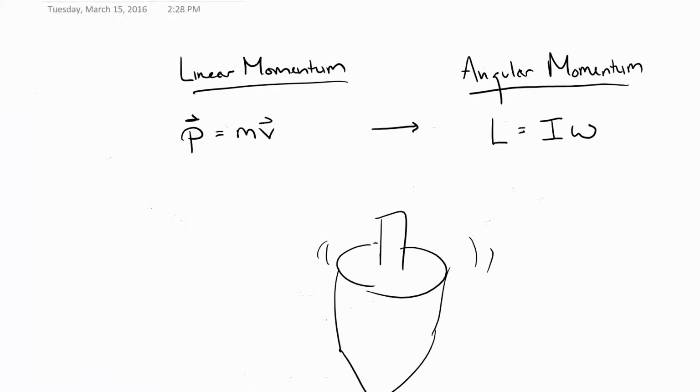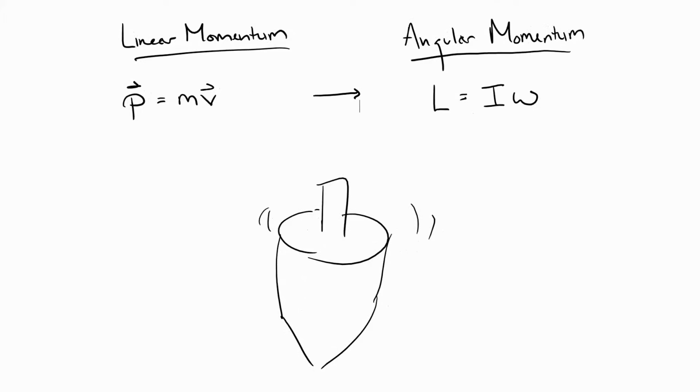Now, when we're thinking of angular momentum in this context, I omega, we'll usually think of something like a top. This top is spinning with some angular velocity, omega, and it has some rotational inertia I, and so the momentum of that is I omega.